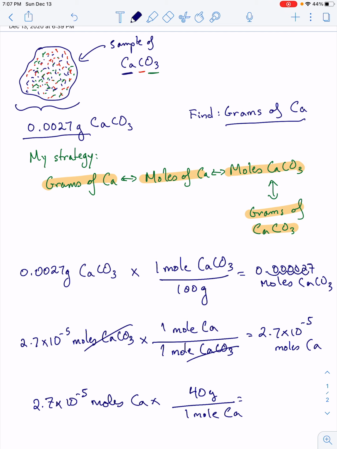So let's go ahead and put that in our calculator. 40 times 2.7 times 10 to the negative 5, and that equals 0.00108 grams of calcium. So now I've figured out how much calcium I have in my entire sample. All right, hopefully that was helpful.